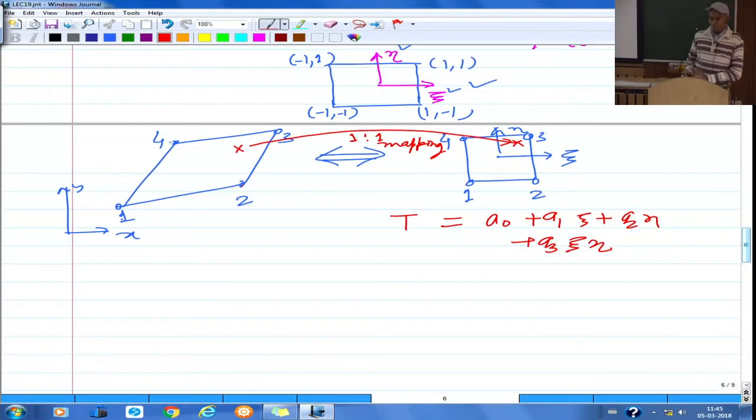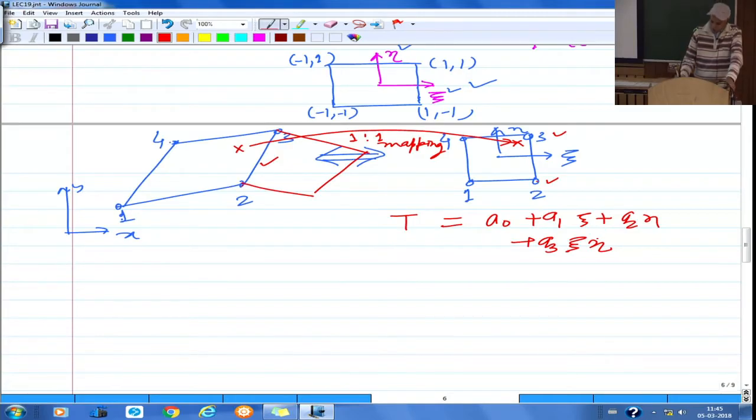And you will always find that if I have another adjacent element here, maybe another general quadrilateral like this, it will again be mapped to a similar kind of element in the natural coordinate space. So the common edge, for example this 2 3, is going to be this 2 3 here, along which xi is constant.